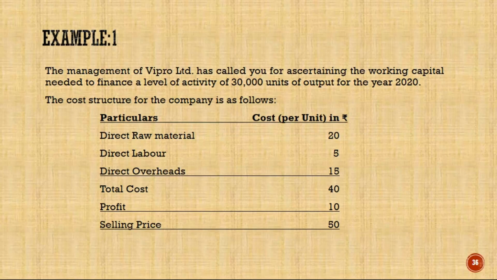The total of these three costs is called total cost, rupees 40. Then profit 10 rupees, and by adding profit we get selling price rupees 50. So this is information taken from the cost sheet of a particular company.